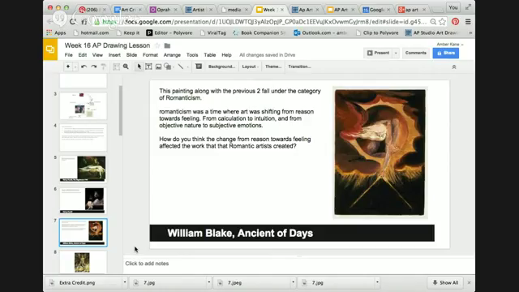This one's stumped everybody, or you're all typing me a long answer. This one is a little bit harder.